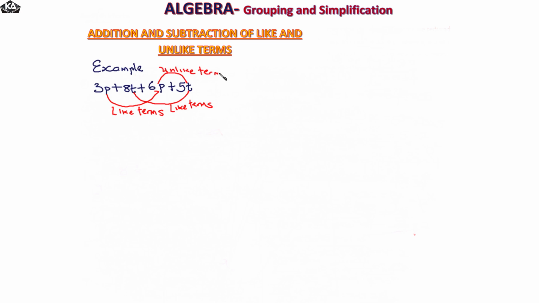Now, how do we solve this question? You bring like terms together. That will be 3p plus 6p plus 8t plus 5t.